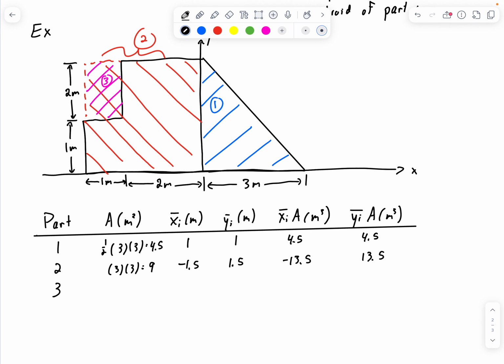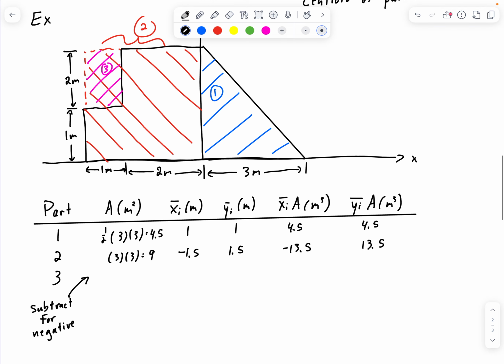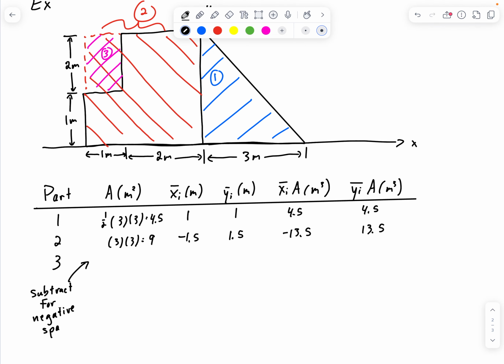Now for part 3, this is the thing to remember here, is that this is a negative space, and so we're going to subtract for a negative space. And so we'll put a negative here, and the area of this part is 2 times 1 meter, so we have -2.